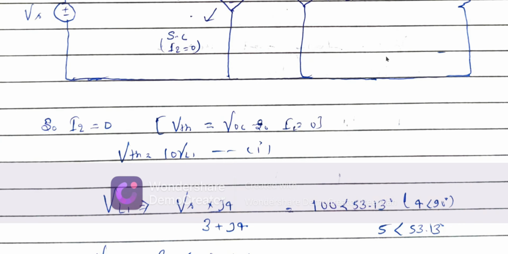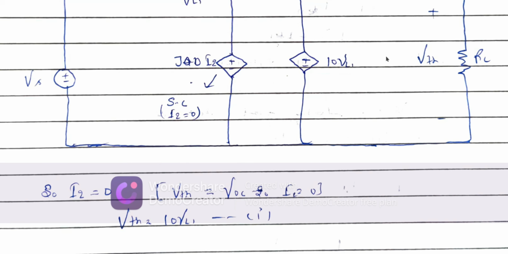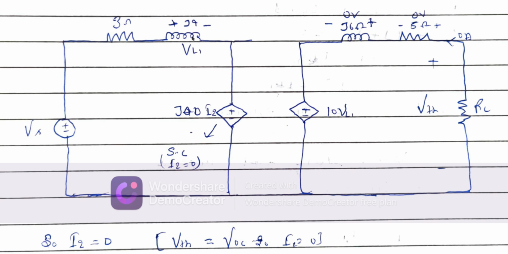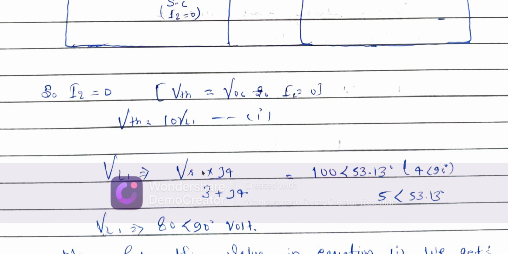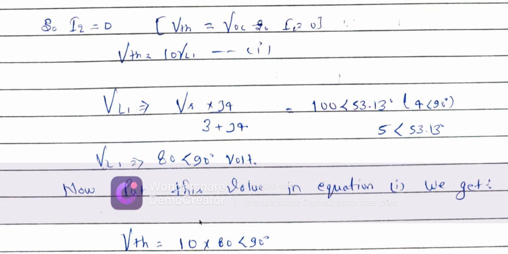VOC means open circuit voltage, and VTH is equal to 10 VL1, because in the inductor the current will be 0, so the voltage will be 0. So firstly find the VL1 value. How can I find VL1? By the voltage divider rule, VL1 is equal to VS into j4 divided by j4 plus j3.